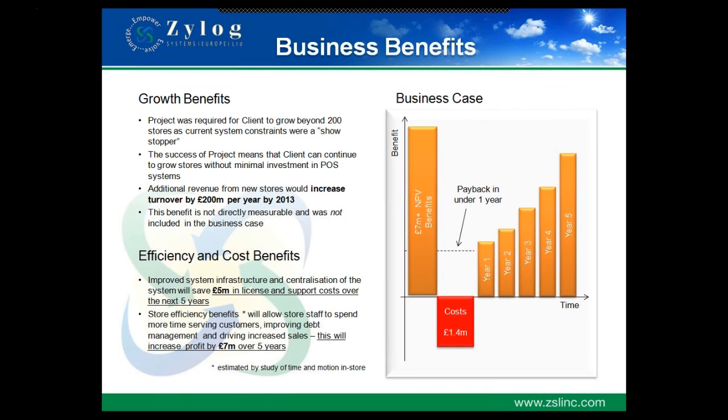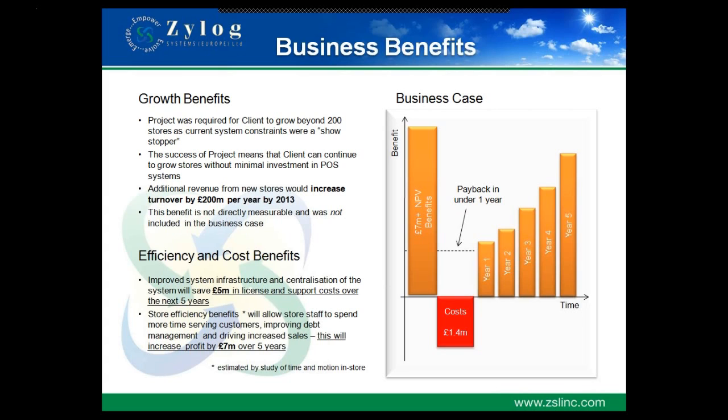Next slide, please. So the benefits. The big savings that the client realized was purely on the technology cost itself. Prior to migrating this application, each store had hardware and software, had to have a database license, had to have the hardware support set up.